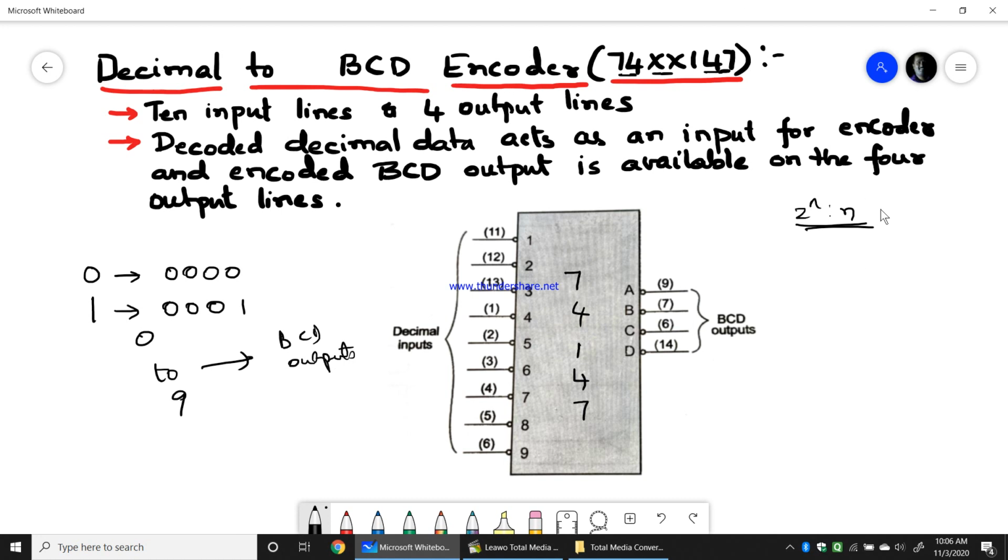Okay. So now this IC has 9 lines here which are decimal inputs and 4 output lines here which are BCD outputs.